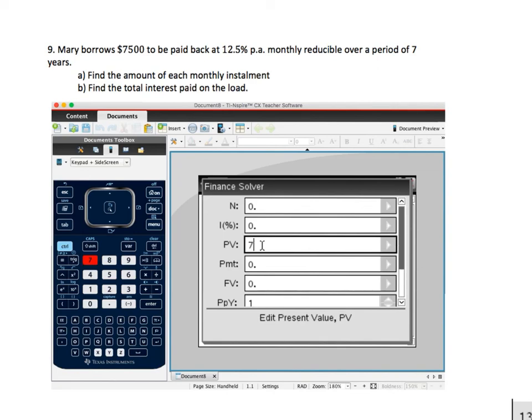I have the present value is 7,500 positive. I have 12.5% per year. So 12 months times 7 years is 84 months, or 84 periods.